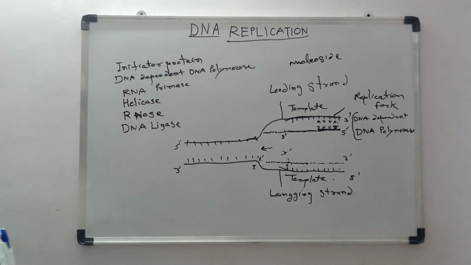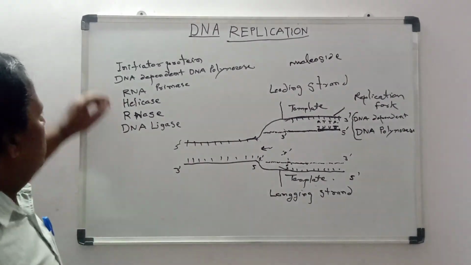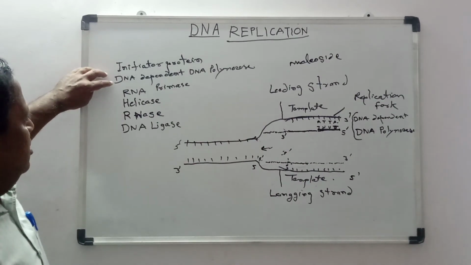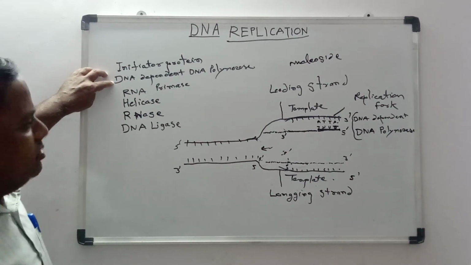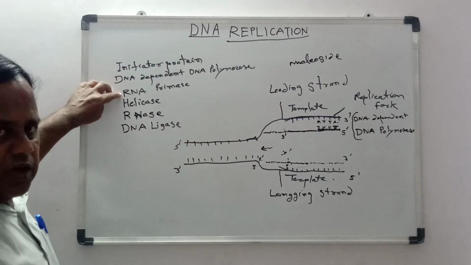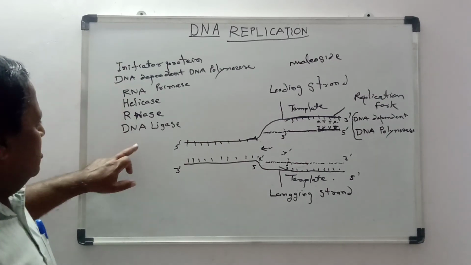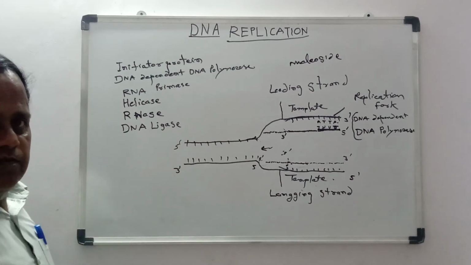So the enzymes involved in the process of DNA replication are initiator protein, DNA dependent DNA polymerase, RNA primase, helicase enzyme, RNase and DNA ligase.